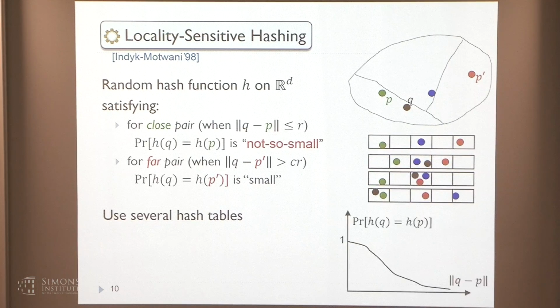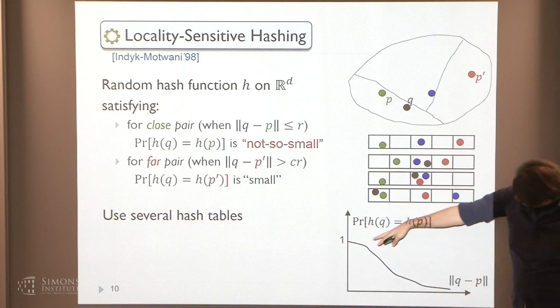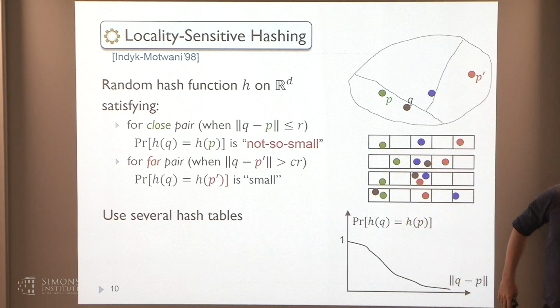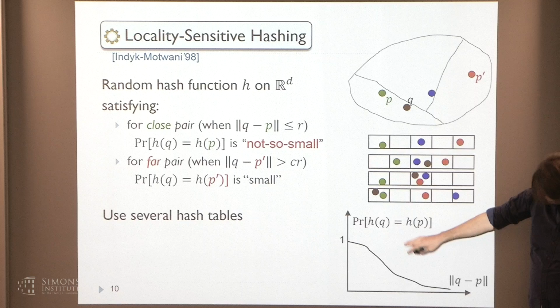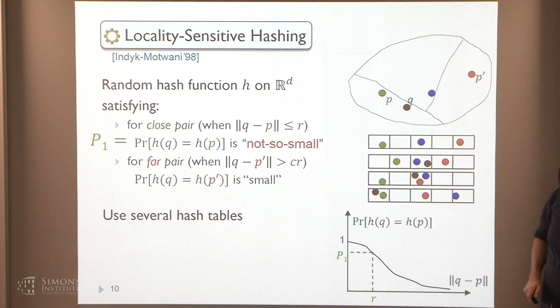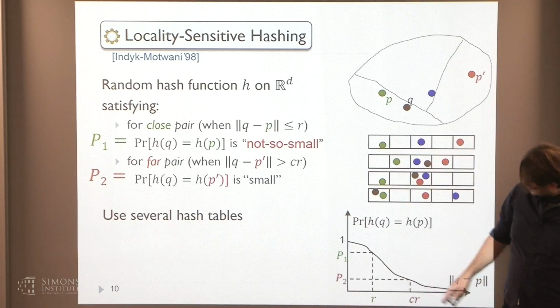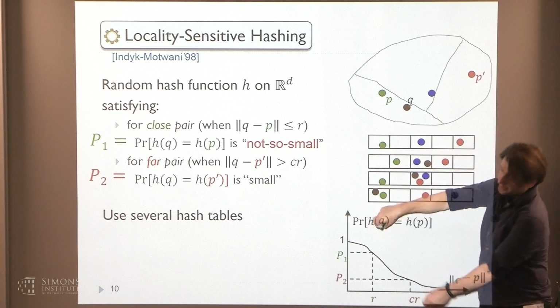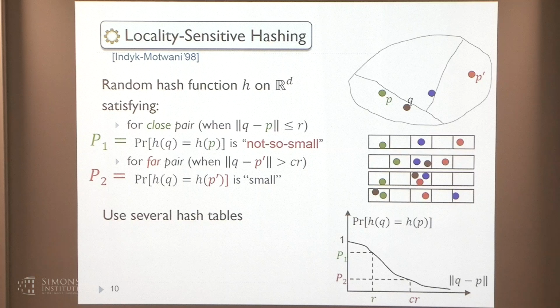In particular, what it will depend on is what the profile of the function looks like. We can draw this function, which is the probability of collision of two points as a function of the distance between these points. These two probabilities are two points on this curve. We want the gap between these probabilities to be as large as possible. And how do we exactly measure the gap?